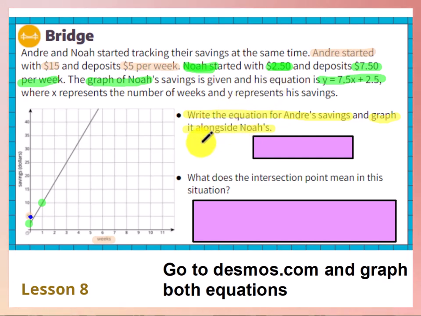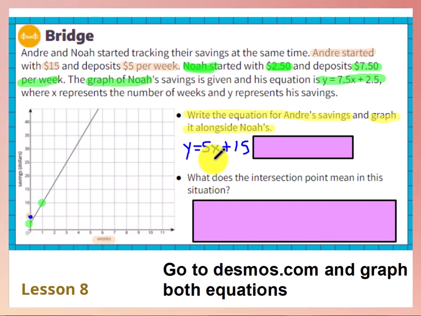All right, so it's going to be y equals, you started at 15, so that's going to be our plus b, plus 15. So y is equal to $5 per week. Normally I'd use W, but I'm going to use an X to indicate weeks, because that's how it is on my graph.